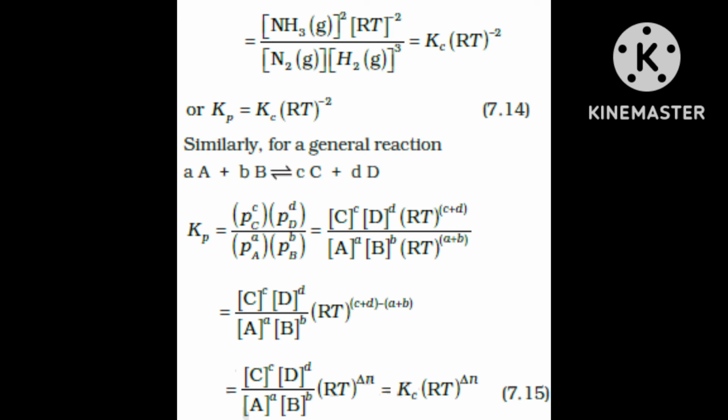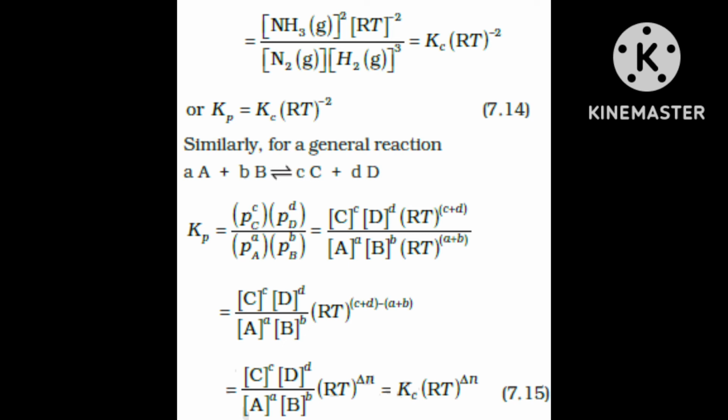Then what is remaining? What is remaining is equal to Kc for ammonia: NH3 power 2 and down N2 into H2 power 3.